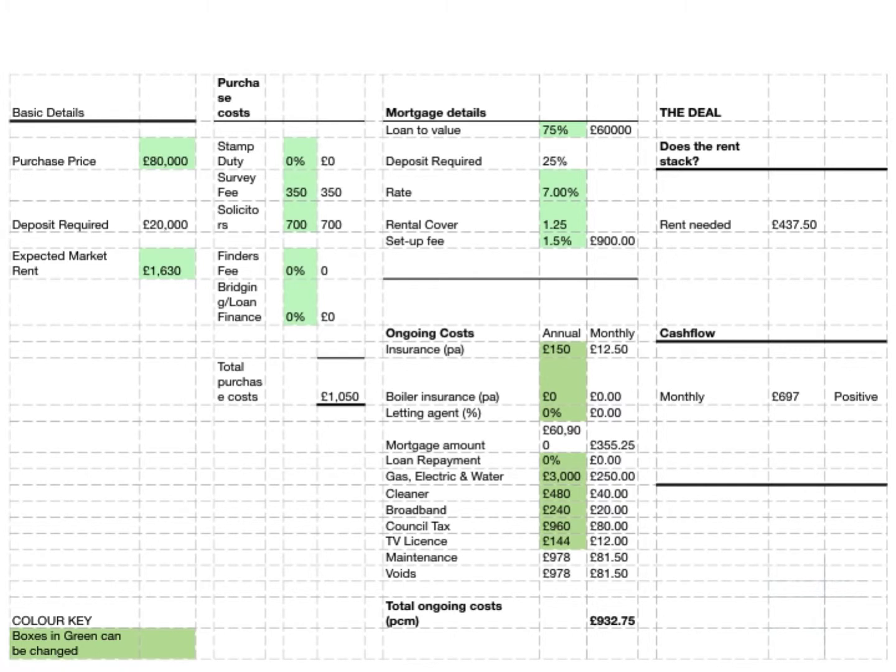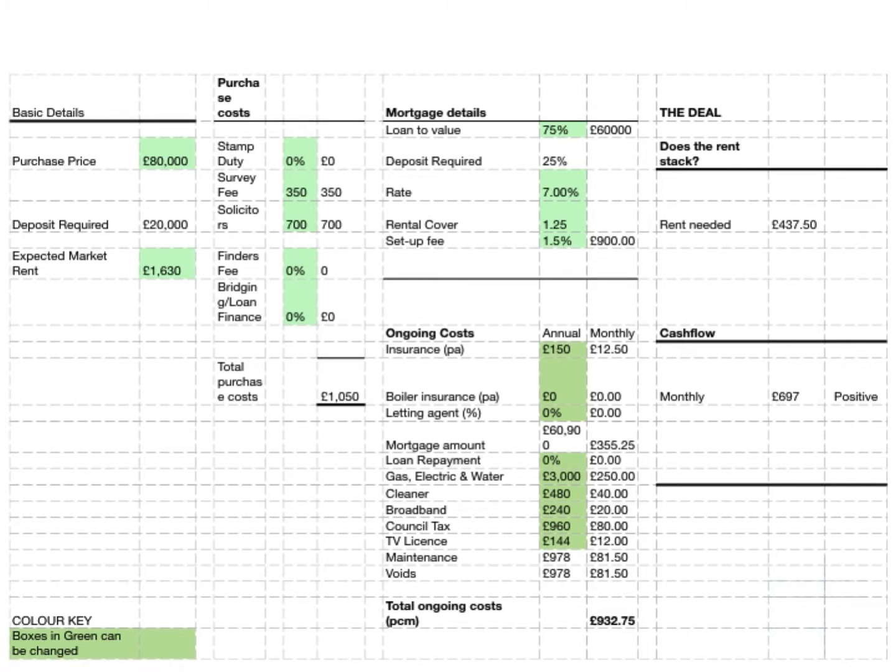The bank want to make sure that the rent at least covers, in this case it's 125%, so they want it to more than cover what you're actually borrowing, so that there's at least 25% more of the monthly rental income than there is amount of mortgage payment that you're paying on a monthly basis. And that's where that 1.25 figure comes in, so that you can calculate what you'd actually need. In this case, because we're multi-letting it, we're not actually going to come anywhere close to that. We're going to have plenty of rental income.